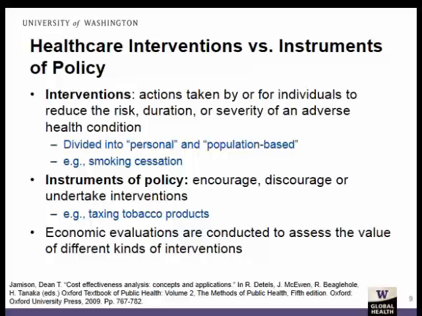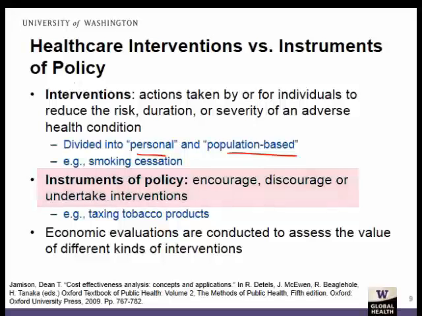Healthcare interventions can be divided into mainstream interventions here and what we call instruments of policy. And interventions are actions taken by or for individuals to reduce the risk, duration, or severity of an adverse health condition. And you can do them at the personal level and at the population-based level. An example is smoking cessation. And an instrument of policy is designed to encourage, discourage, or undertake an intervention.